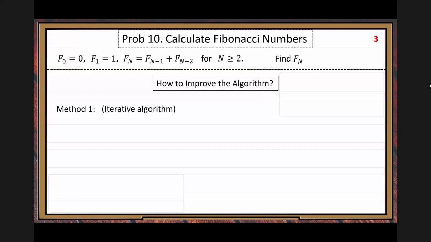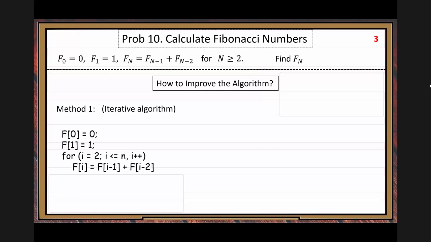If we do the recursion right, we won't have the redundant computation. But for the first method, we just avoid recursion. We do it in an iterative way, so then there is no redundant computation. That's the first solution.